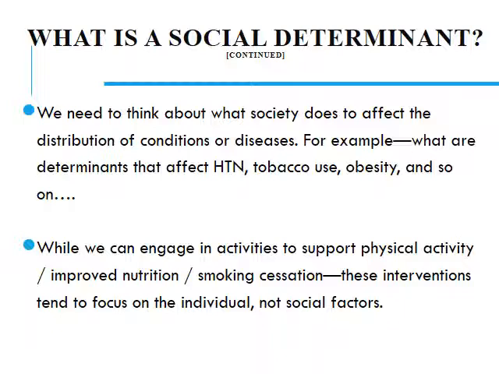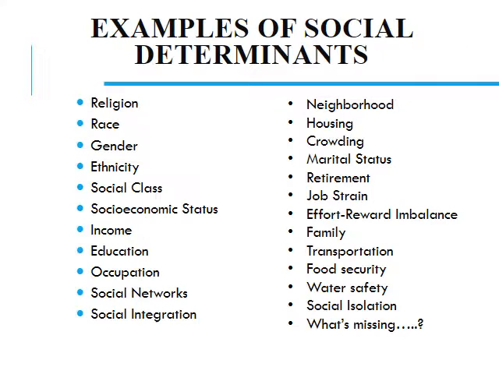We fail to look at the big societal determinants that are really weighing and perpetuating what's going on. So this entire class is dedicated to looking at activities that go beyond individual level interventions.